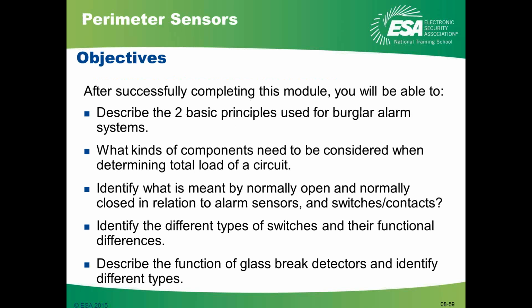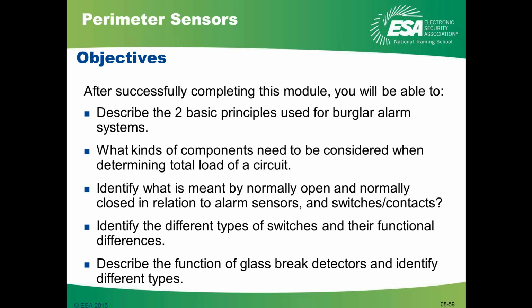On perimeter sensors, if you're following along, you'll notice that we've added additional headings. We also removed the outdoor microwave sensor. We thought that didn't belong in level 1. So we talked about basic principles, components to be considered when determining the total load.